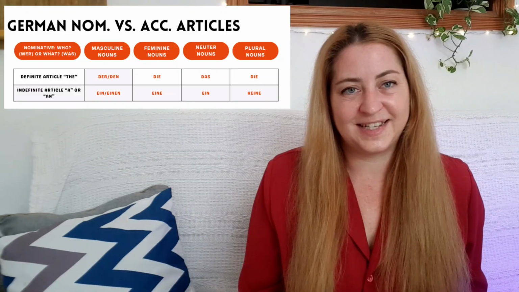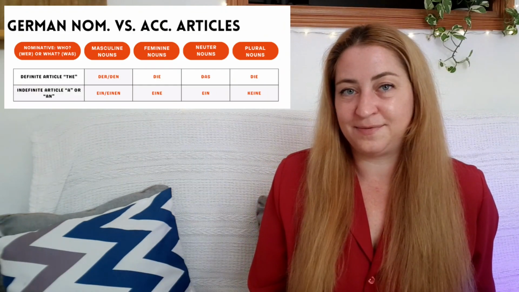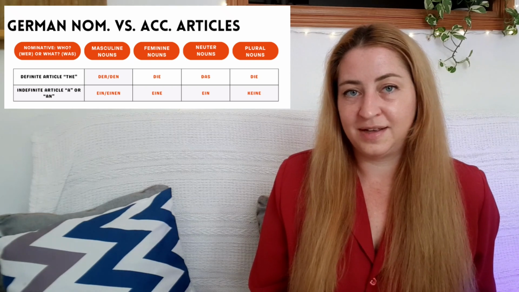Now you know how to identify the subjects and direct objects and how to use them with definite and indefinite articles. Let's look at one more table so you can see the nominative and accusative cases side by side. You can find all this information on the website mygermanizedlife.com, along with more German blog articles and lessons. Let's look at this table here. Nominative is who, wer.